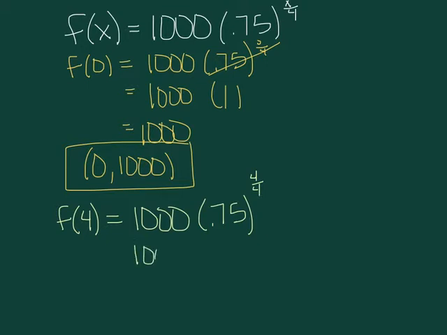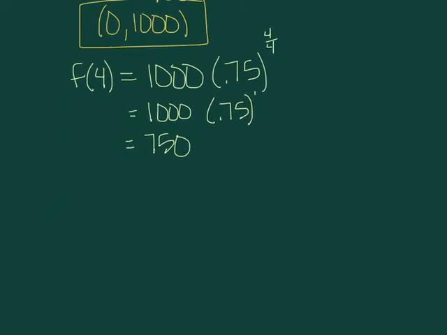So that's 1,000 times 0.75, 4/4 is 1. 1,000 times 0.75 is 750. So at 4 hours, we have 750 milligrams of the drug remaining in our system.